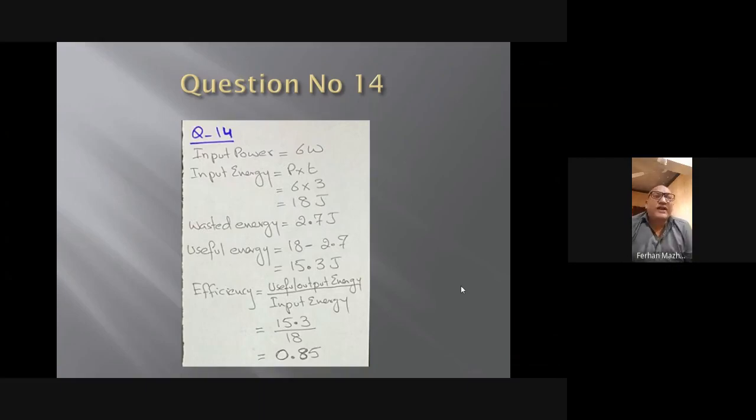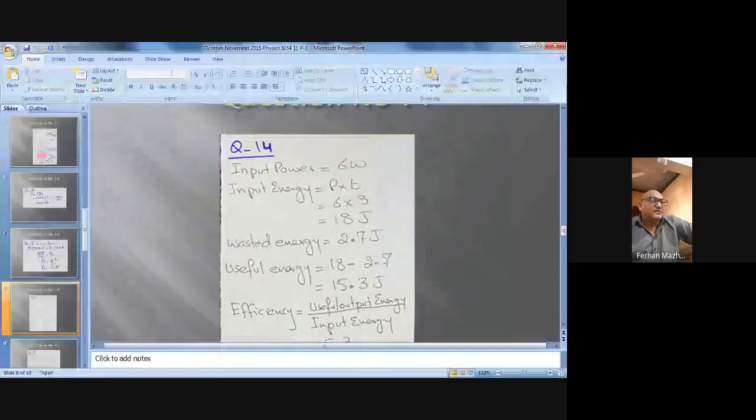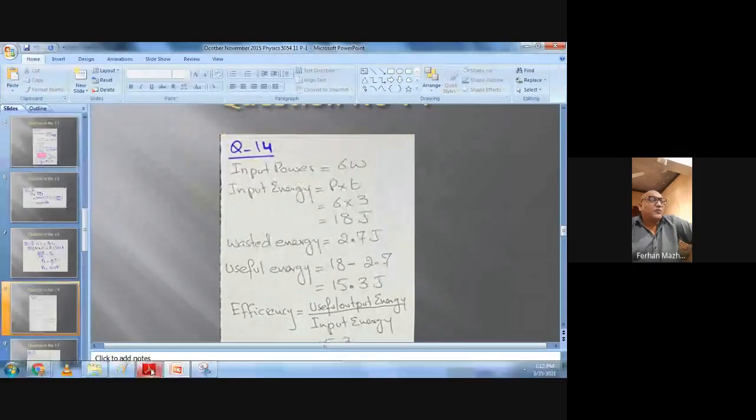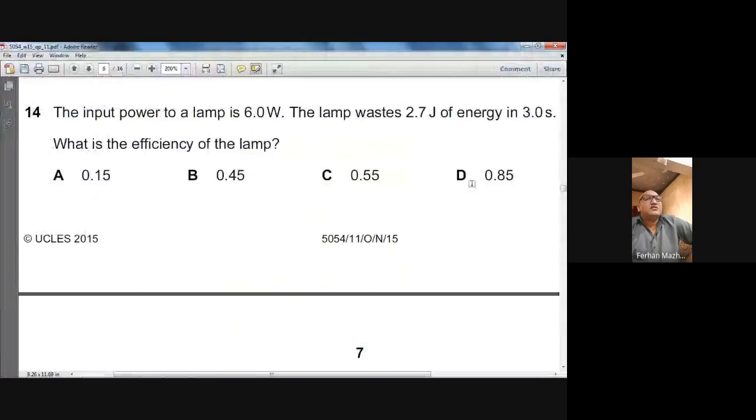Efficiency is 0.85. I hope that you have understood this. So it looks like D is the right answer. D for question number 14. The marking scheme also says D is the right answer, sir. And I hope that you have understood this.